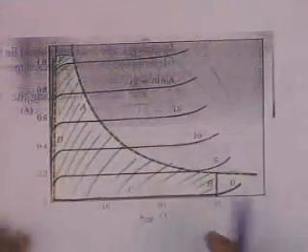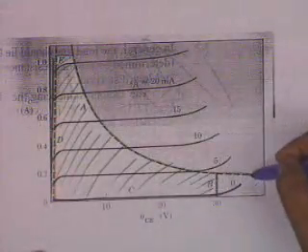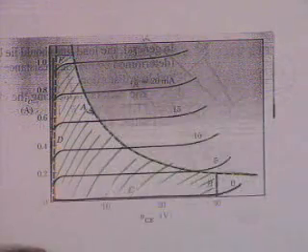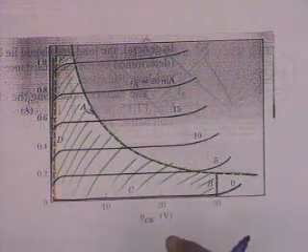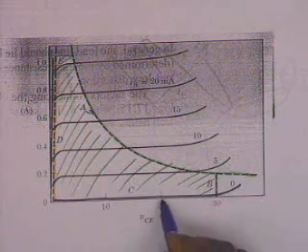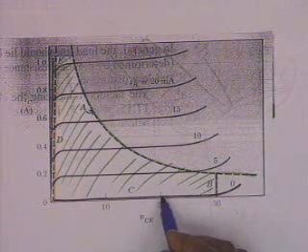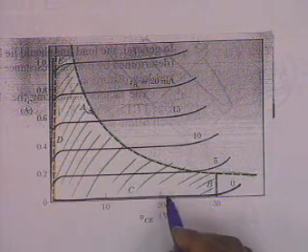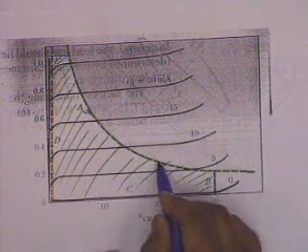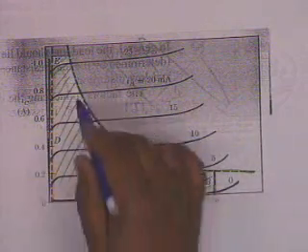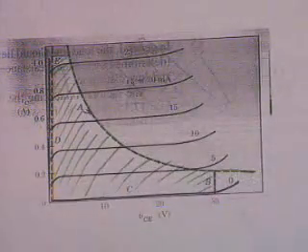And this green line that I show here is this hyperbola, the curve A. This represents VCE multiplied by I sub C equal to a constant. How to draw it? You take any VCE, let's say 20 volt, and find out the corresponding IC, which is PD divided by 20. Go to that point, and this is a point on the hyperbola. And similarly, you draw several points, then you draw this line.